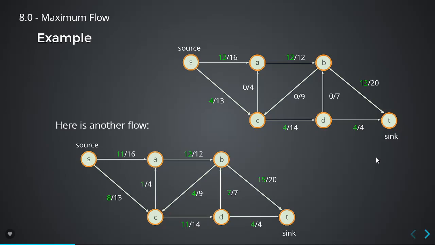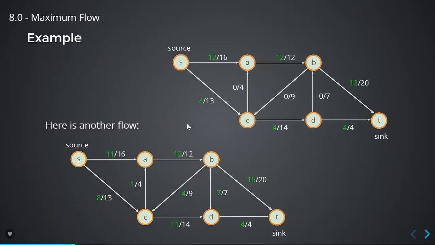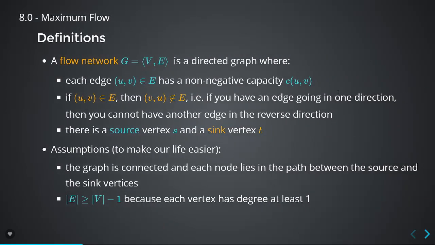Because now we're just going to talk about the formal definition of the problem. Alright, first things first, we call our graph a flow network. So the graph here that you see is a special kind of graph. It is called a flow network.